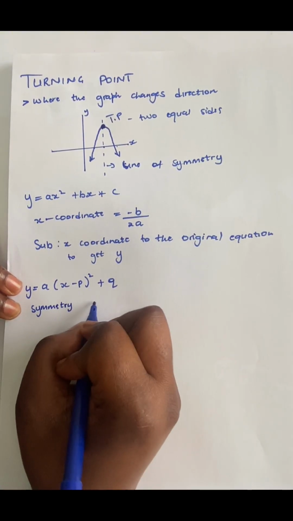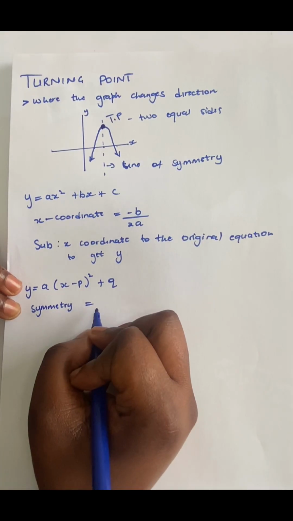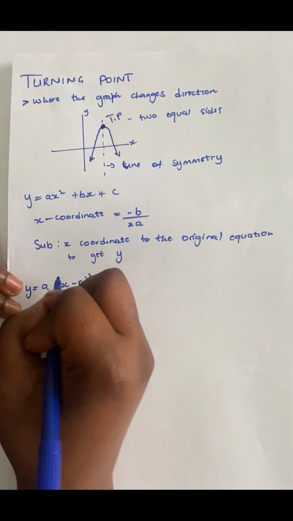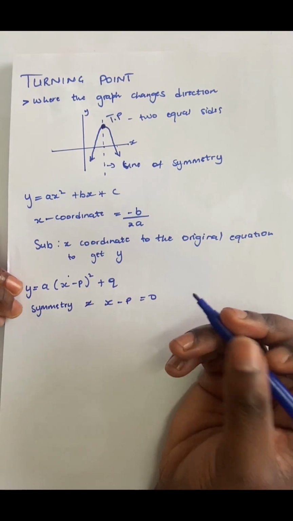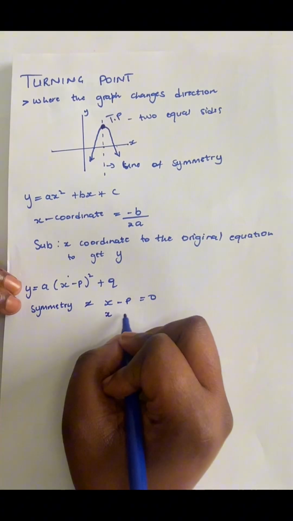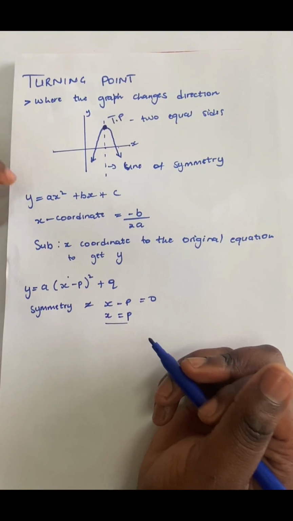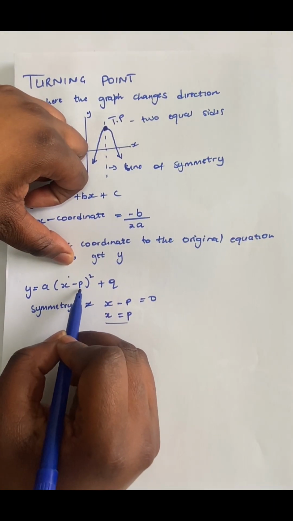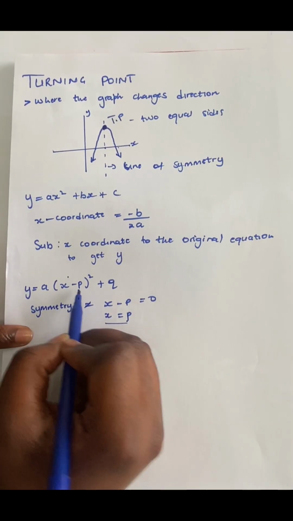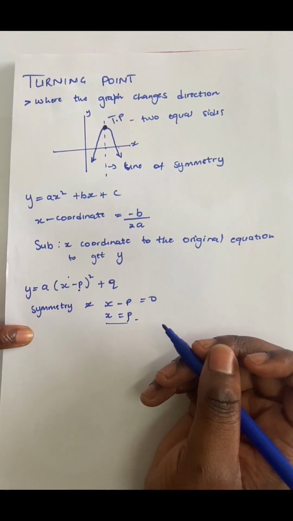It says x minus p is equal to 0. So when you want to find the value of x, you will say x is equal to positive p. So what does this mean? It means that this p represents your x coordinate, but in an opposite sign.